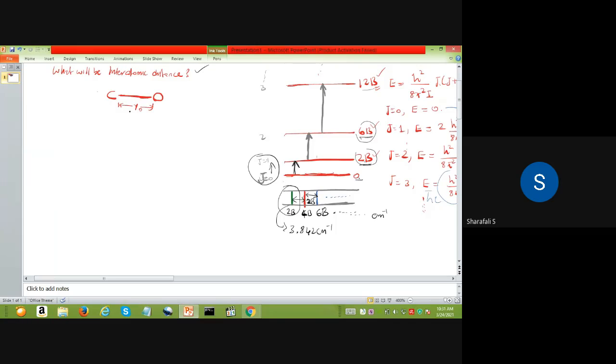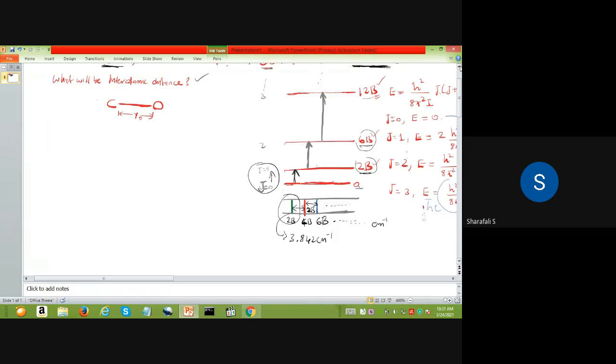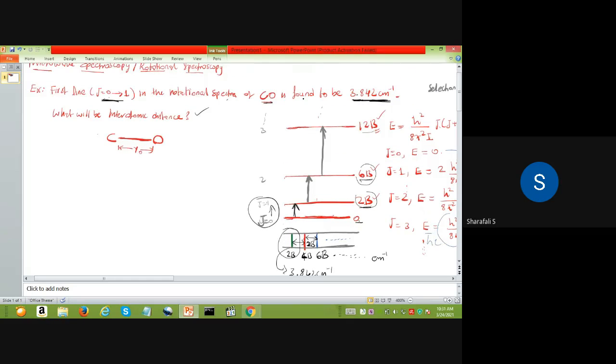So from the observed data, we have to calculate the interatomic distance, which means the distance between these two atoms, carbon and oxygen.